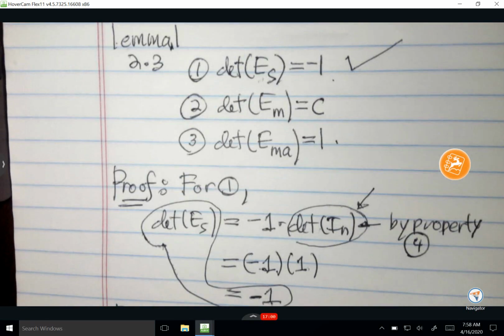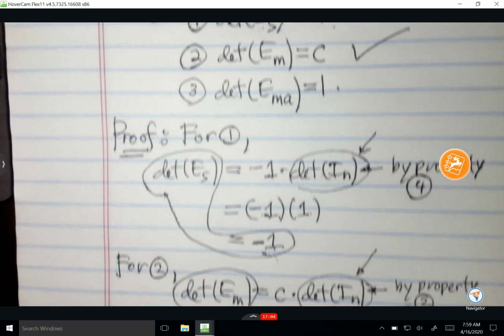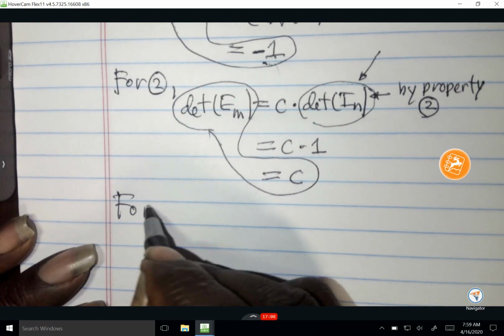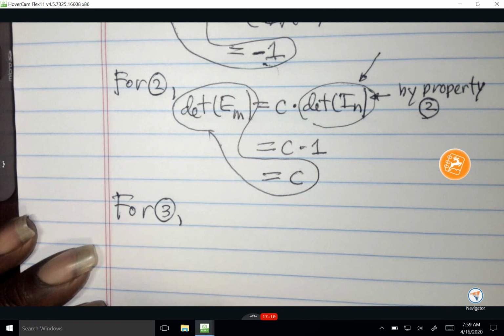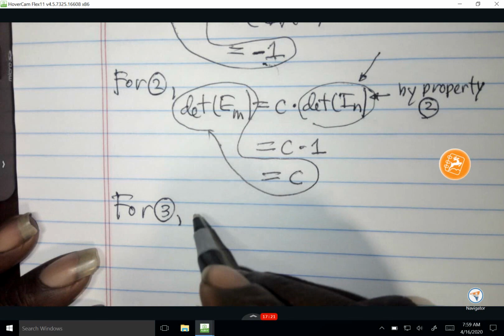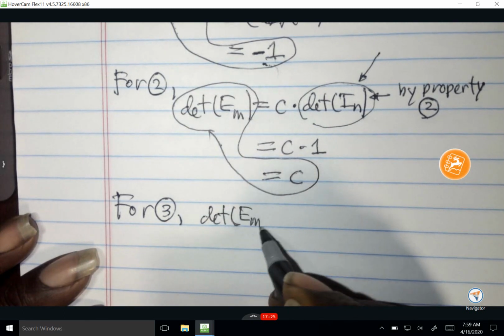Okay? And that's thing 2. Okay, the last one, thing 3. For 3. Some people are still trying to do number 1 and 2 too. Shame on you. Okay, let's look. Look at the determinant of E, multiply and add.